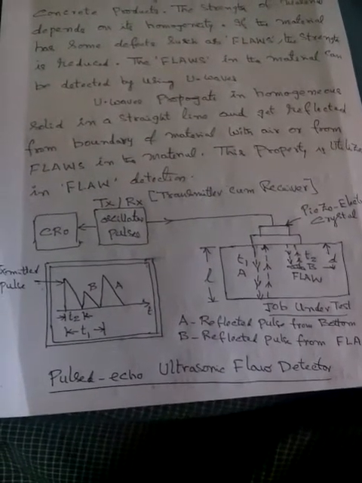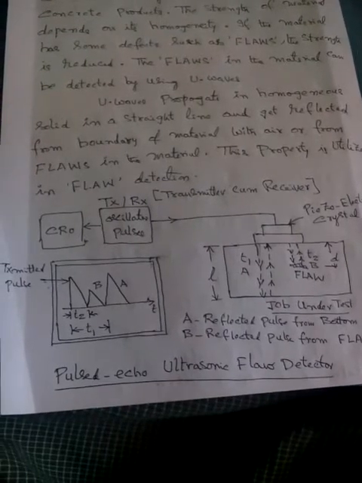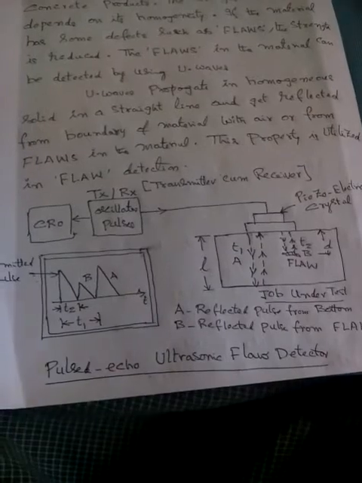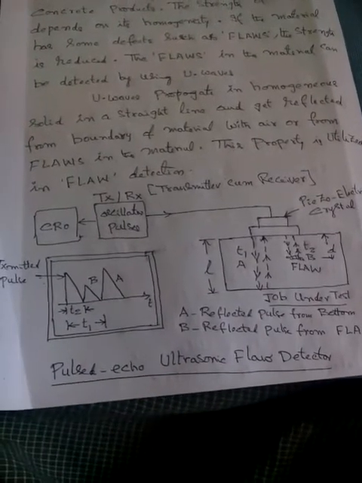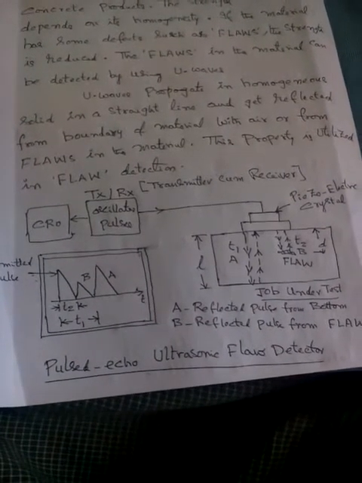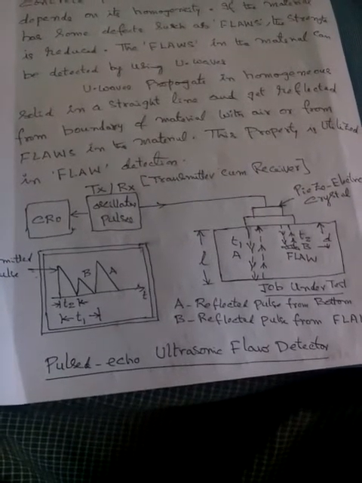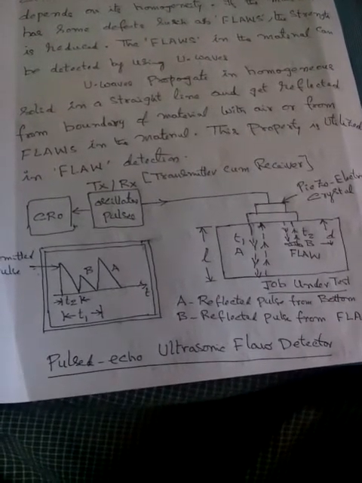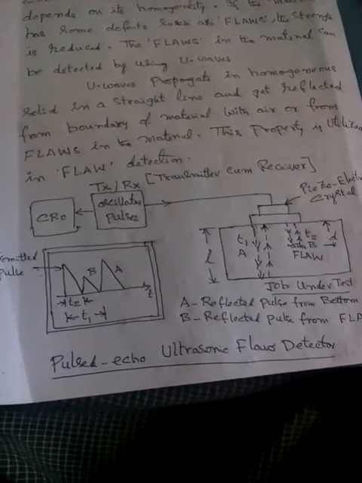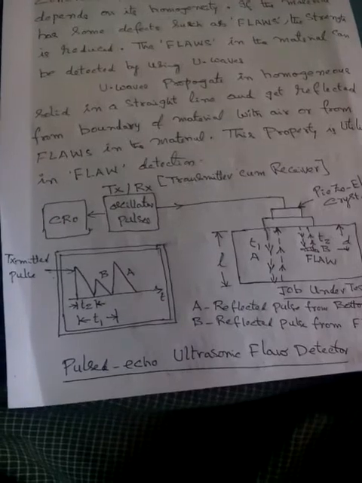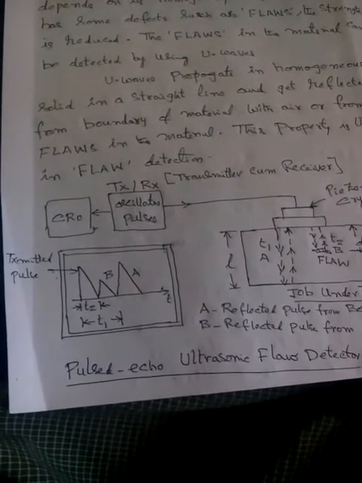The transmitted pulse goes to the piezoelectric crystal, then ultrasonic wave is produced from that, and that ultrasound is sent to the job under test. There is a material under test. If there is no defect in the material, the ultrasound goes up to the bottom and gets reflected.